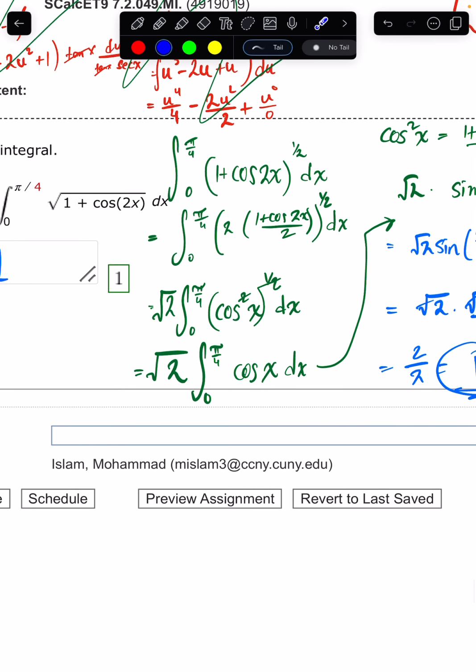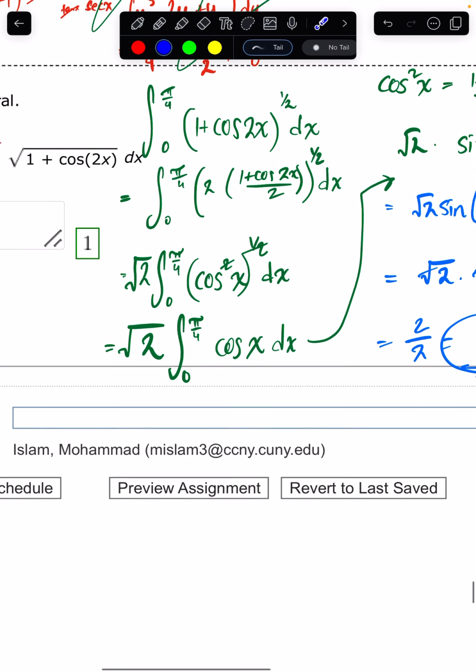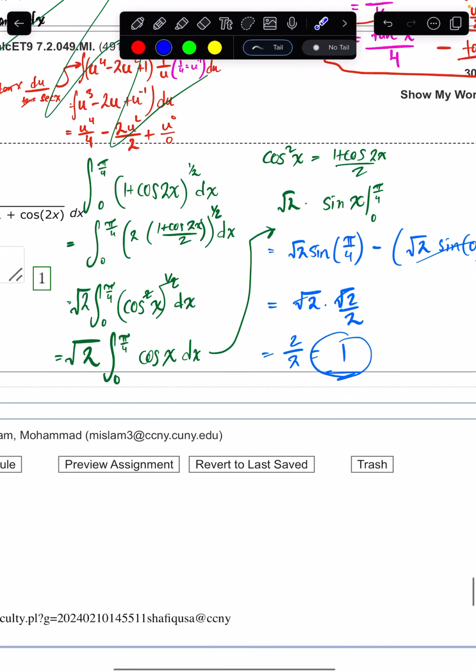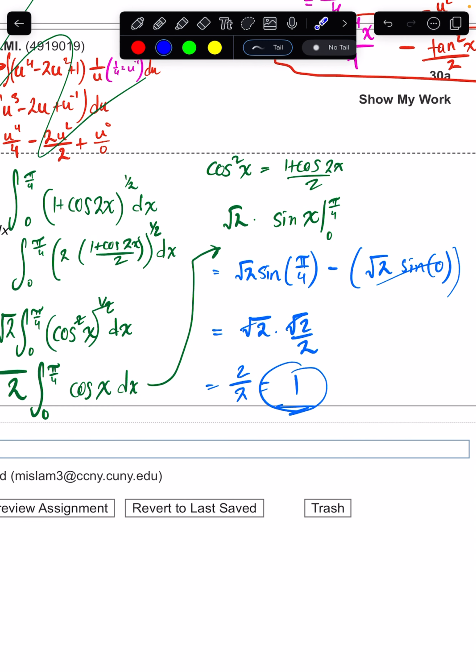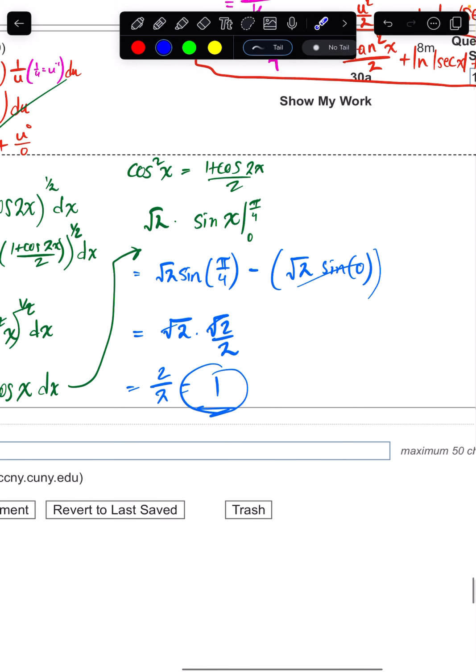And then the cosine squared cancels out with the 1/2, and you're just left with square root of 2 times the integral from 0 to pi over 4 of cosine x dx, and that's very simple. Come on. The integral of cosine x is sine x, and plug in the lower boundary, upper boundary.